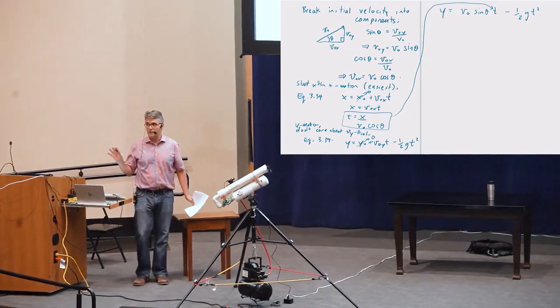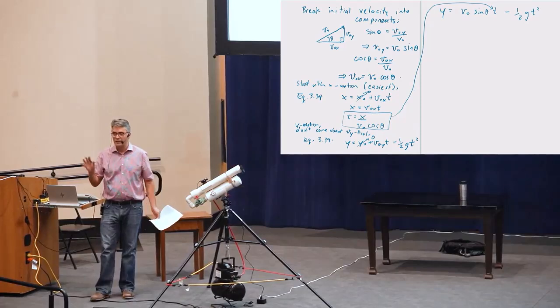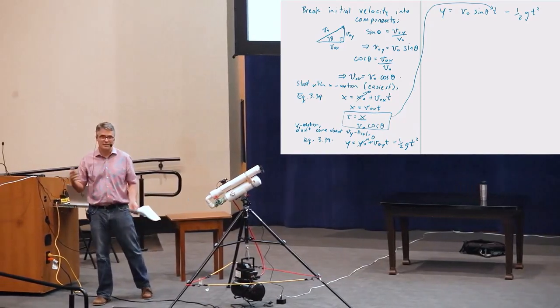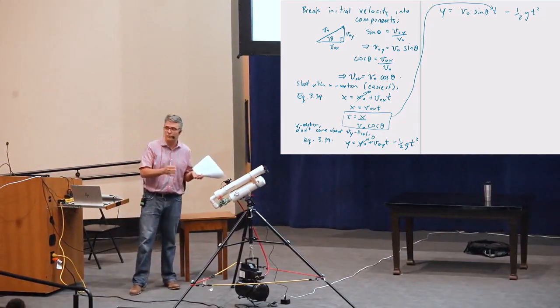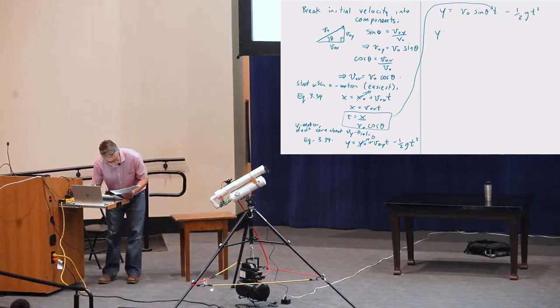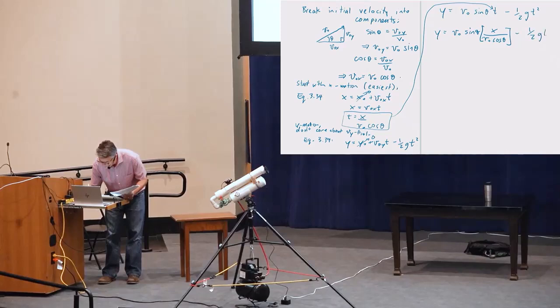It comes up a lot in these two-dimensional motion questions, is that there's time in all the x stuff, and there's time in all the y stuff, and it's the same. So you can solve for time using one of the components and then plug it into the other component. So then it looks like this. y is equal to v0 times sine theta times x divided by v0 cos theta minus 1/2 gt squared.